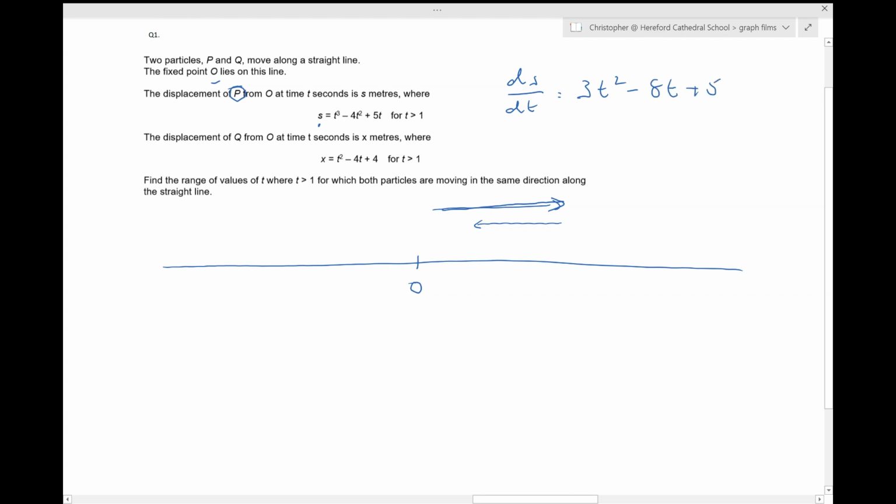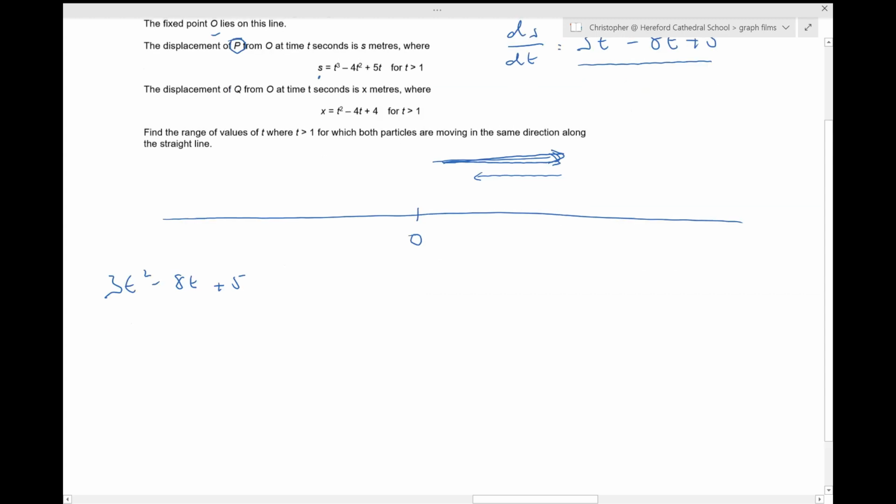And that expression will tell me whether my particle is moving away from O or towards O. Essentially, when this expression is positive, then the distance is growing and my particle is moving away from O. And when that expression is negative, then the distance is decreasing and my particle is moving towards O. Let's take a moment to establish when this expression is positive and when it's negative, because that would tell me which direction my particle was moving in.